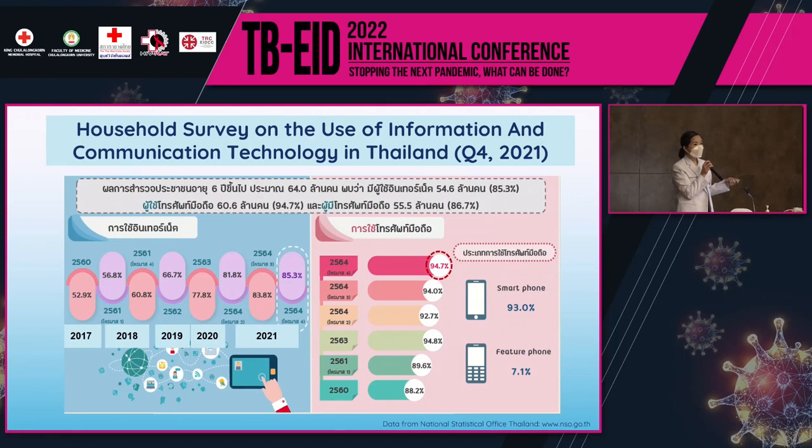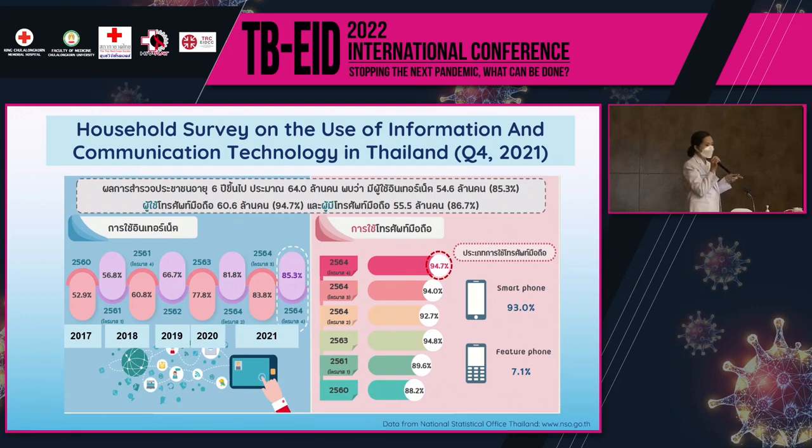I would like to show you some data on how digital technology is involved in our lifestyle. This is data from the National Statistical Office of Thailand, a survey of households on the use of information and communications technology in Thailand in the last quarter of last year.